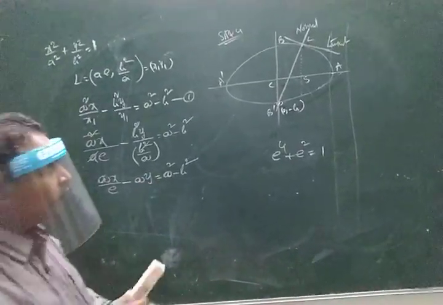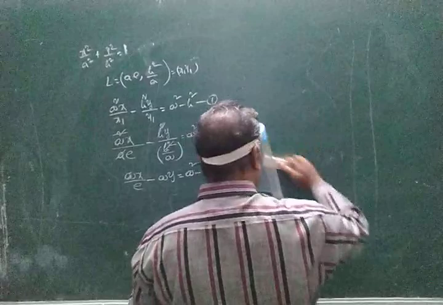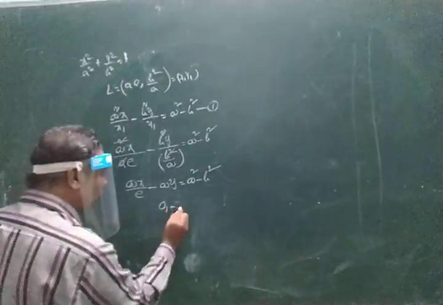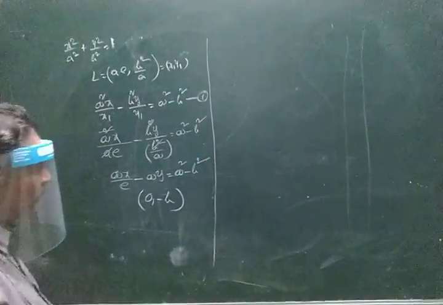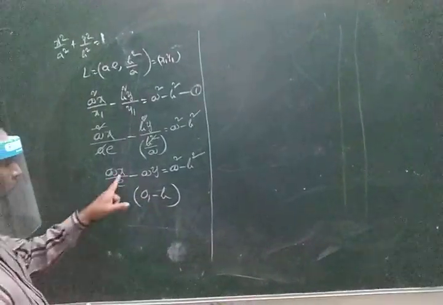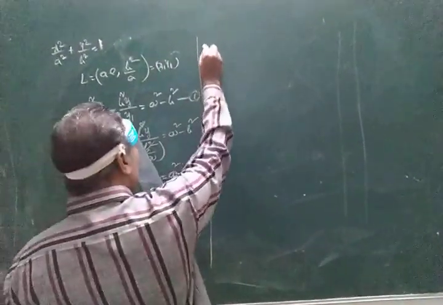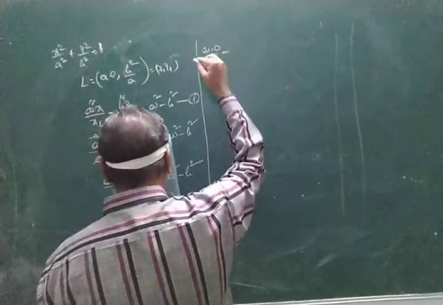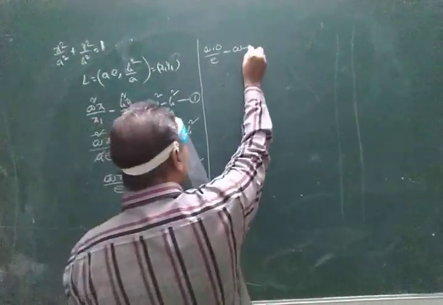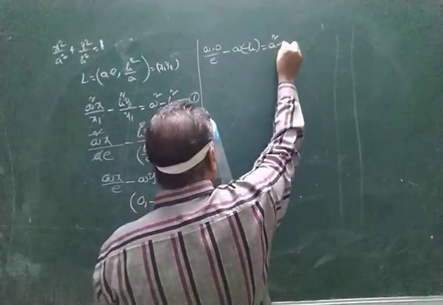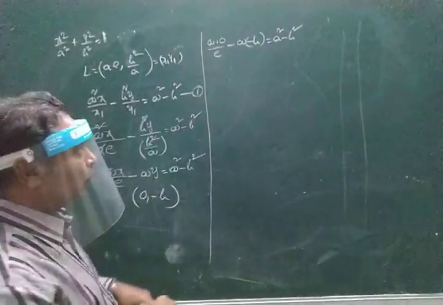Given the normal line passing through (0, minus b): a into 0 by e minus a into minus b equal to a square minus b square. 0 into something equal to 0.